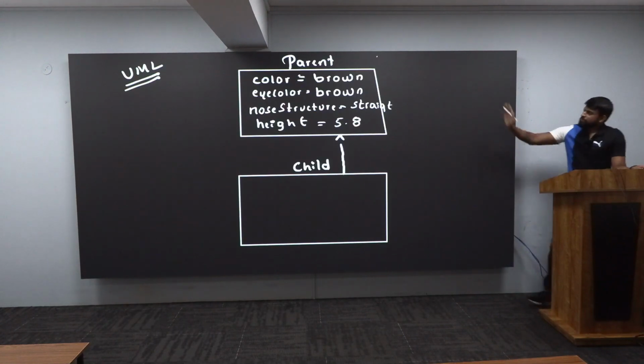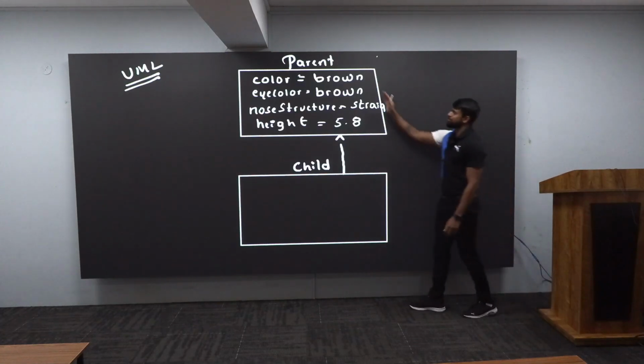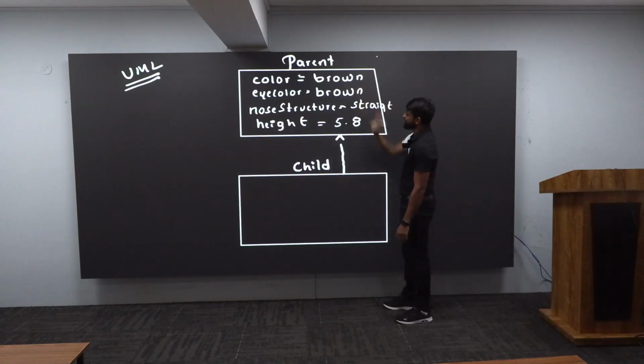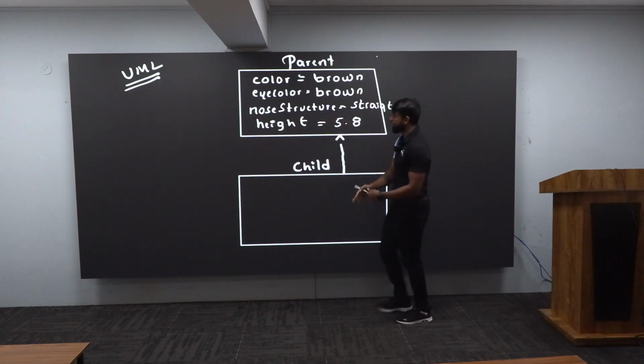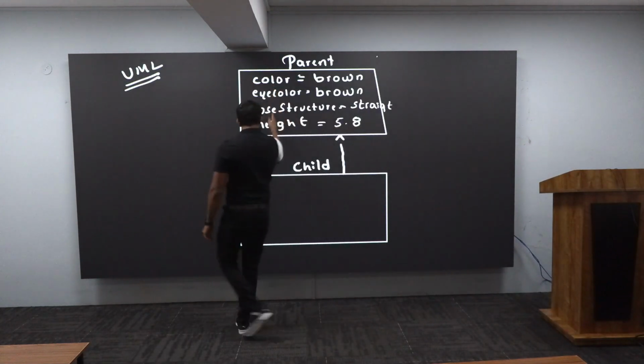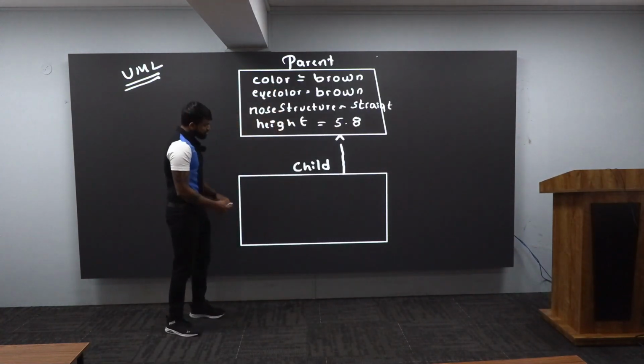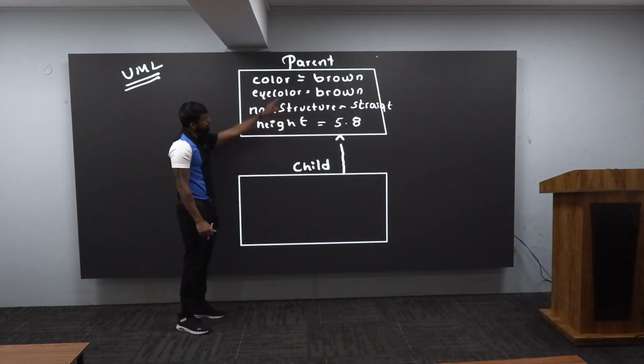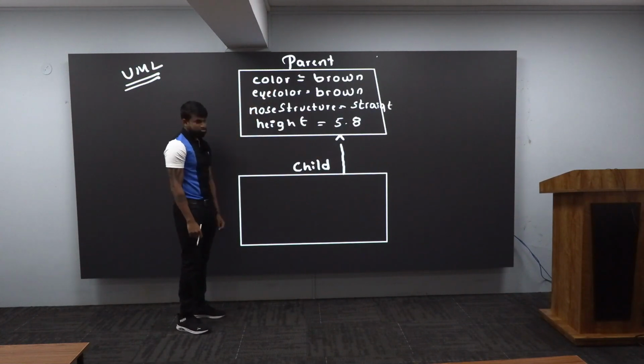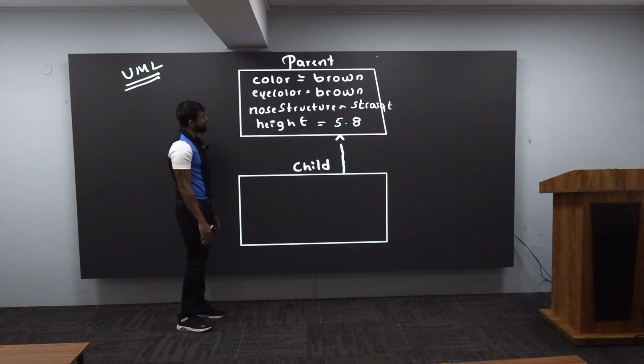Now, parent is having certain color, certain eye color, certain nose structure, and certain height. Now all of these things, who will get it? Child will get it. Now tell me, what parent is having the color, what child will get? Brown only. Full brown. If brown is not there, some problem will be anyhow.